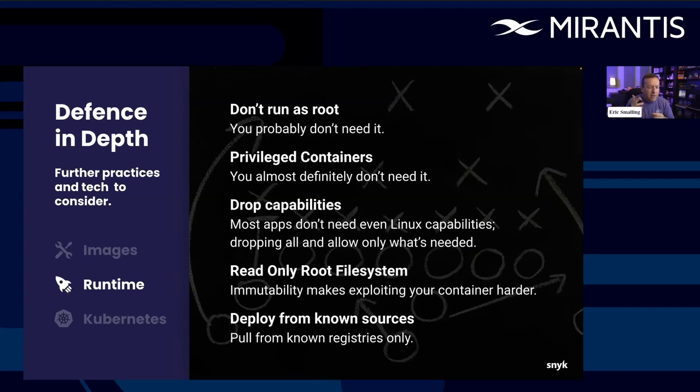I can't remember this NET_ something. You don't need that probably in your application if you're not manipulating network stacks. If you're not writing a CNI, you probably don't need that. A lot of times people will deny all. They'll just drop all capabilities and run that way. And a lot of business apps will work that way. There's a bunch of blogs out there you can search on figuring out what your app needs using strace or other tools like that to figure out if you do need capabilities, but you probably don't for business apps.